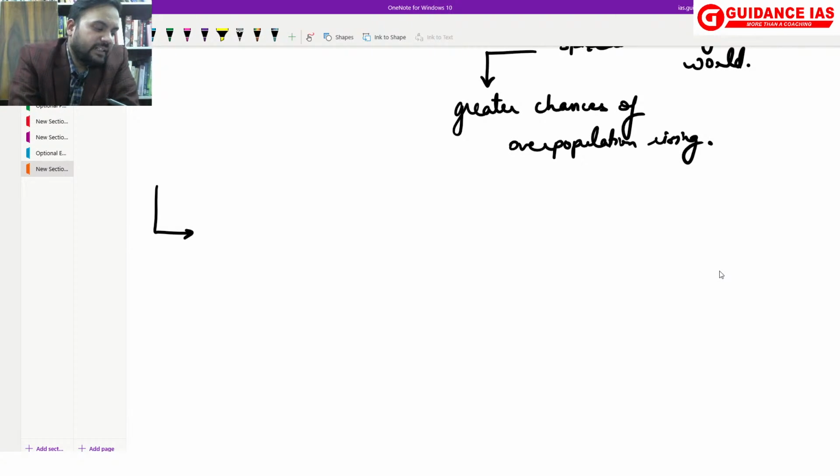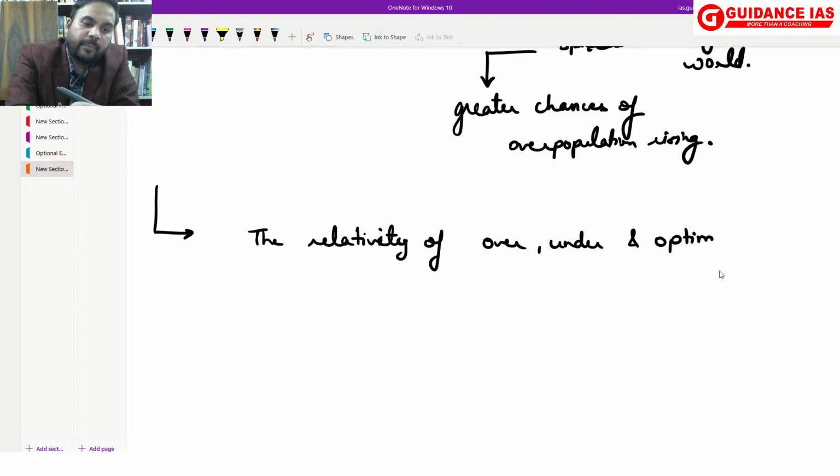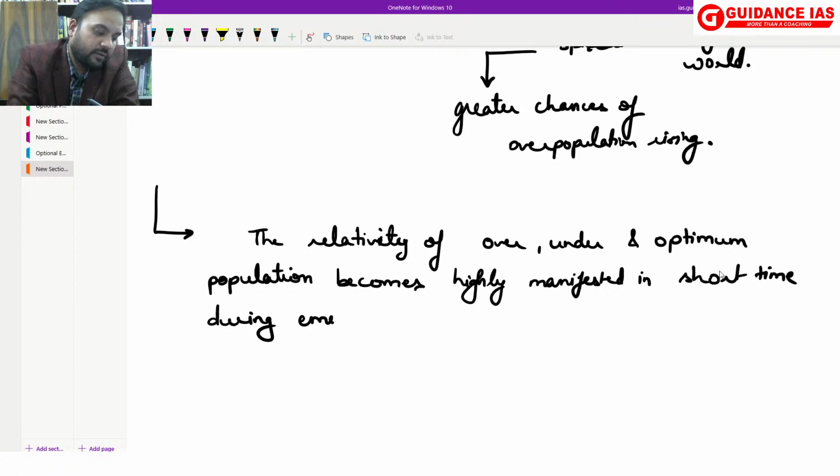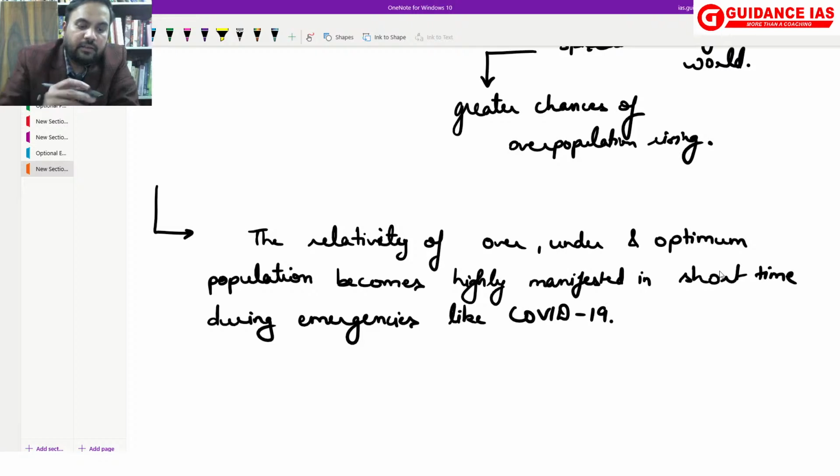So I can say that the relativity of over, under and optimum population becomes highly manifested in a short time during emergencies like COVID-19.